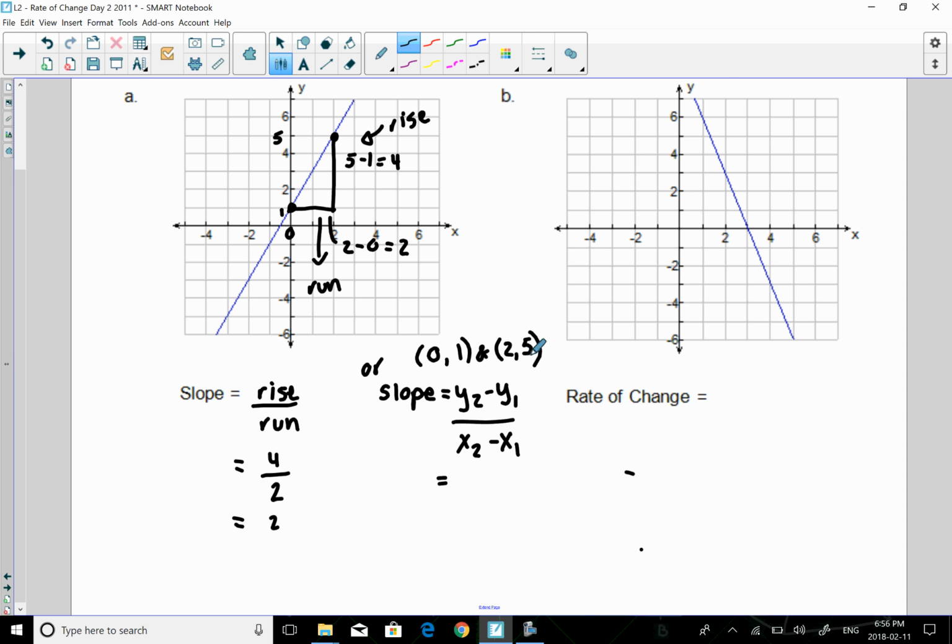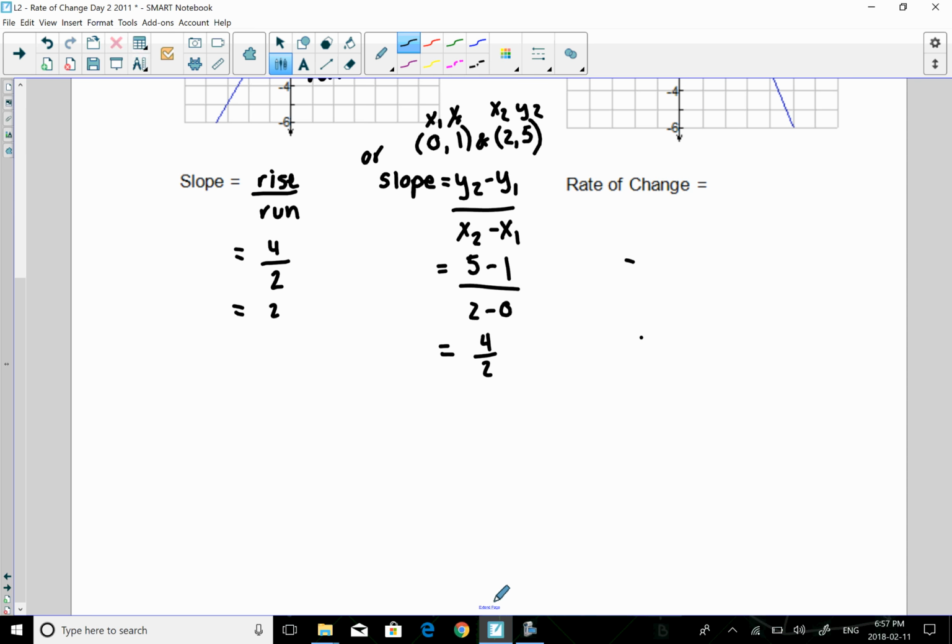So this is x1, y1, x2, y2. So I do y2, 5, minus 1, over 2 minus 0. So this helps us if we don't have an actual visual graph. I can simply just use this formula. That gives me 2.